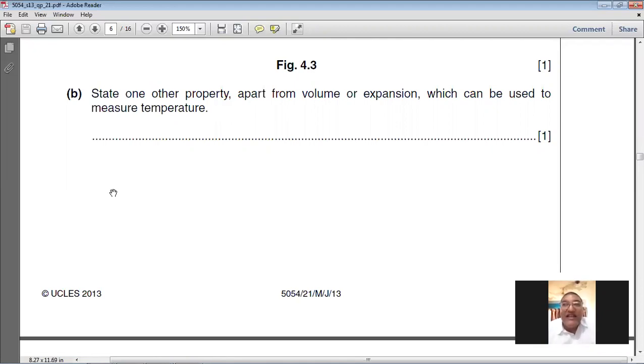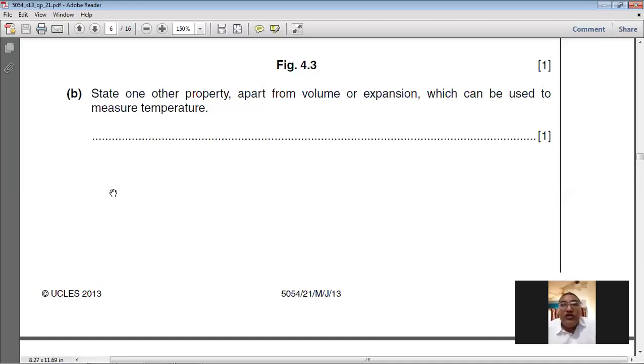So they are different. Sometimes we use the pressure of a gas also. So there can be many properties which can be used as a thermometric property.